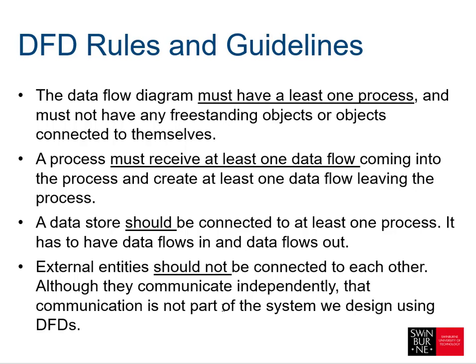So what kind of information they are supplying to the system, and what sort of information we are producing back to them, right? So we are not interested in connecting an external agent with another external agent. So you can't do that in your data flow diagram.